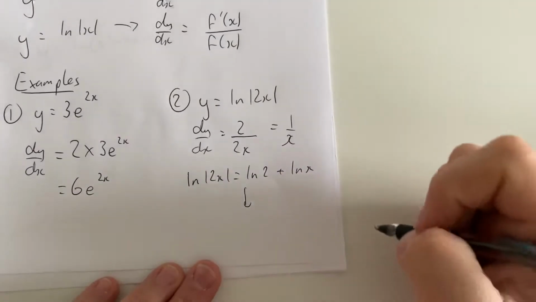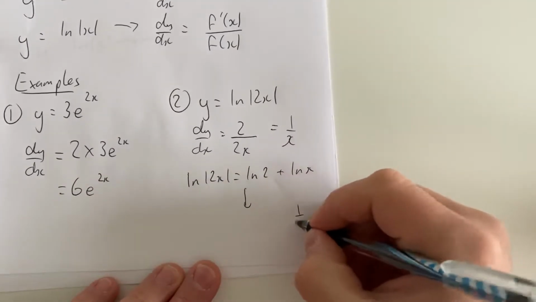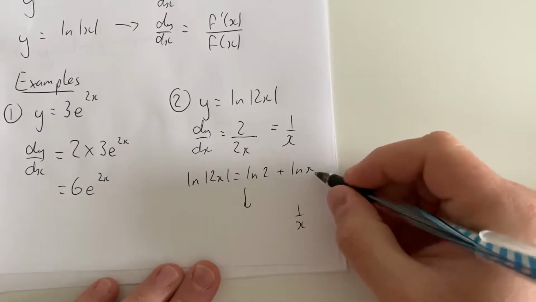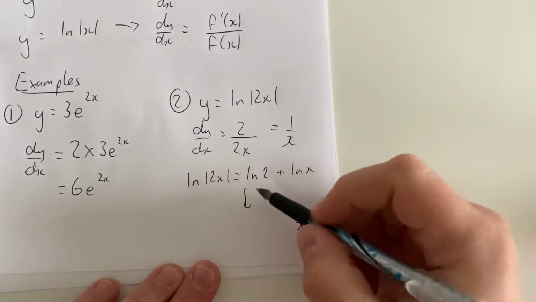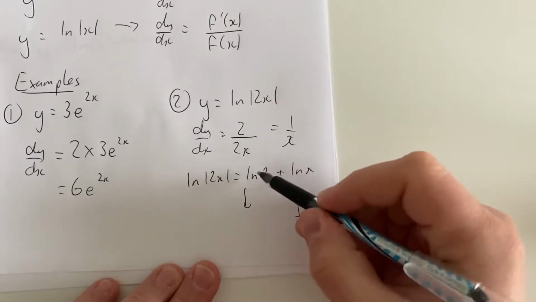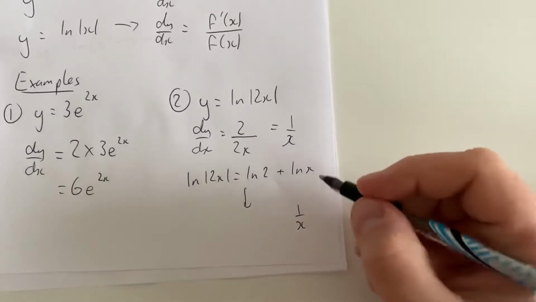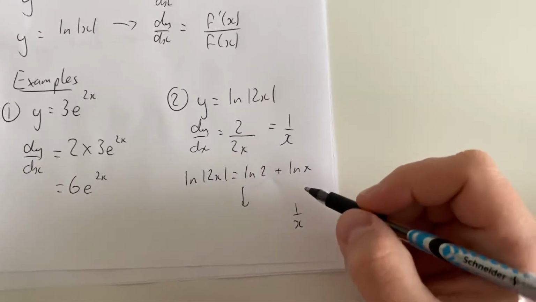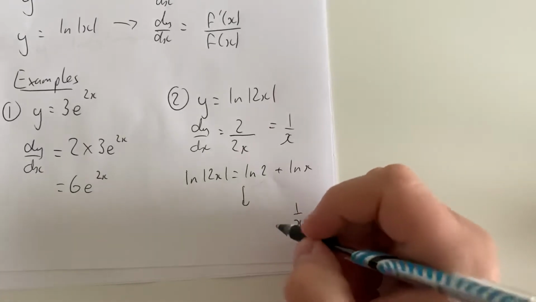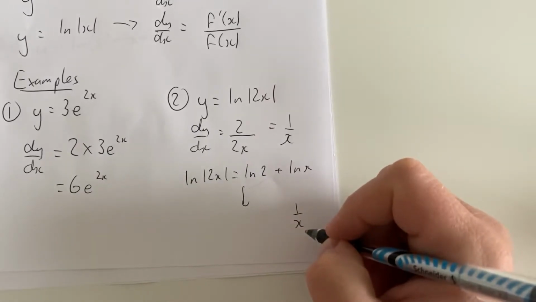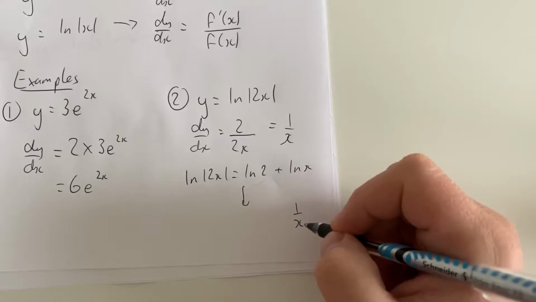And if we differentiate this, 1 over x is the differential of log x, and log 2 is actually just a number, and for all intents and purposes, a number disappears when you differentiate it. So this just differentiates to 1 over x using this method as well.